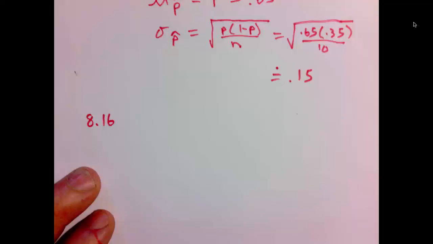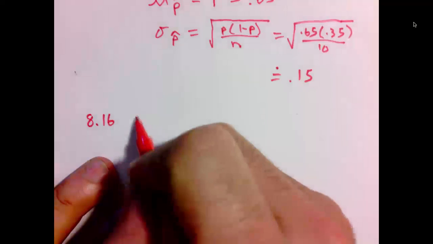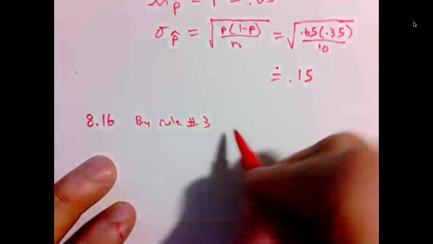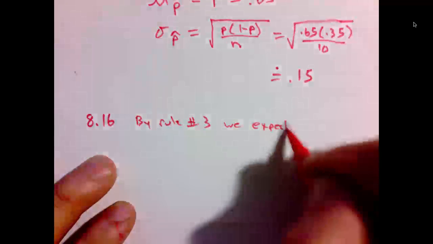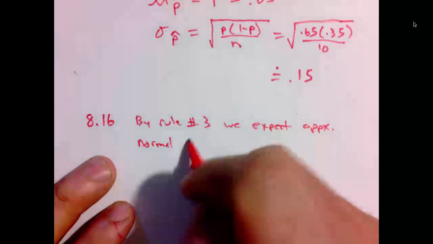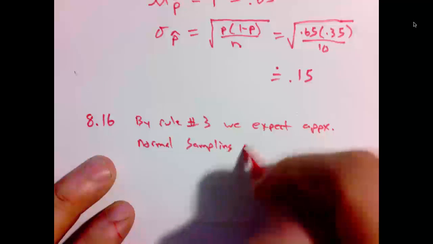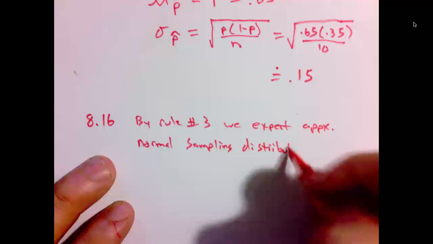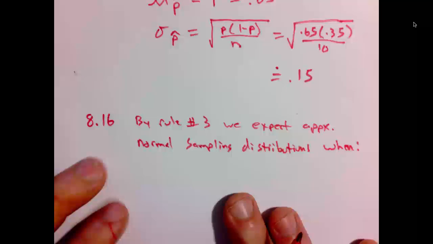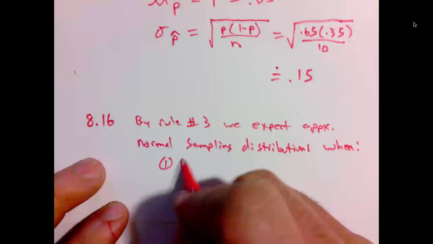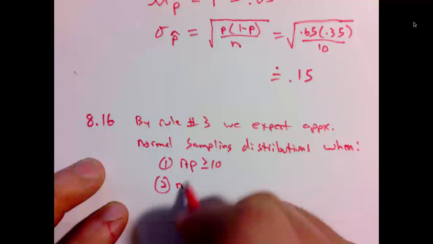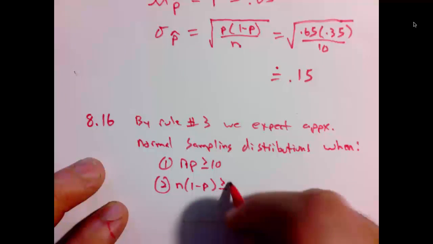By rule 3, we expect approximately normal sampling distributions when 1, n times p is greater than or equal to 10, and 2, n times 1 minus p is greater than or equal to 10.